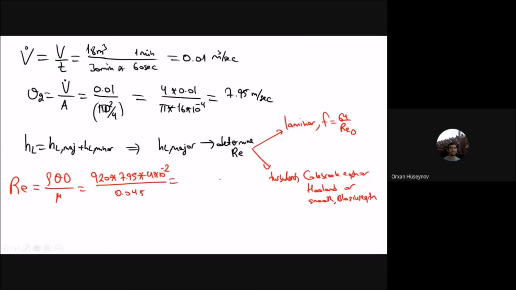Now you can tell me the value of the Reynolds number to determine whether it is laminar or turbulent flow. This one has high viscosity, but we cannot know if it is laminar or turbulent. Let's calculate it.